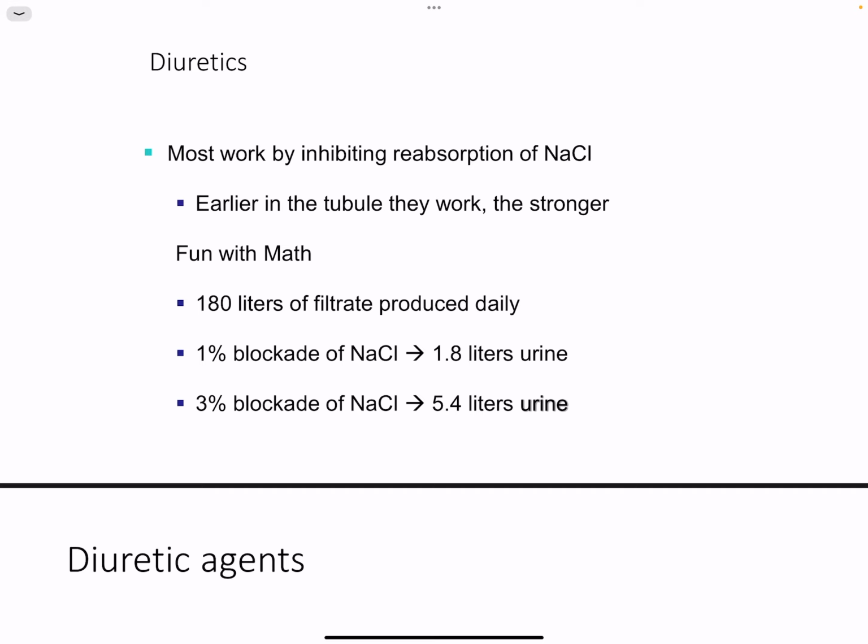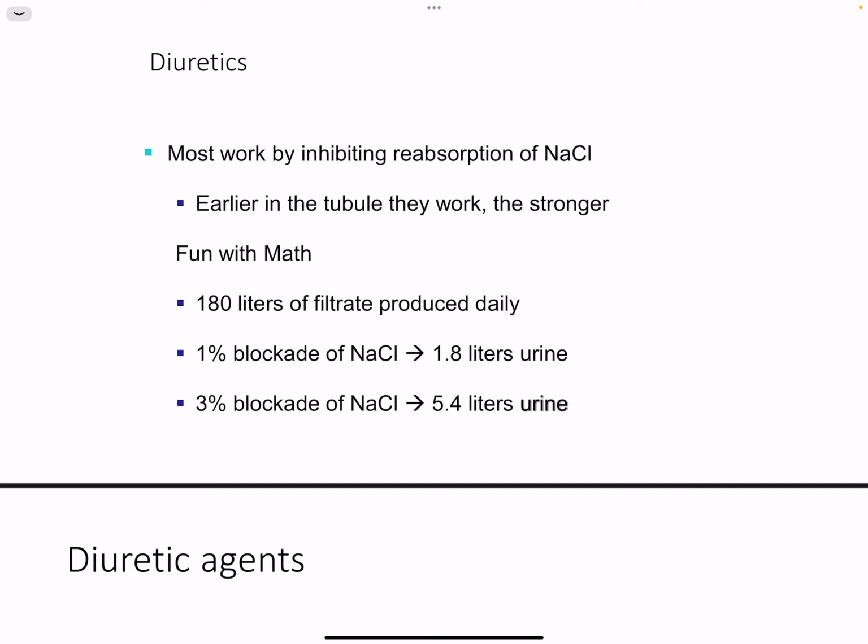Why is this important? Because we decide the diuretics based on the urine output, and the urine output is based on GFR. So 1% of the filtrate goes out of the body.